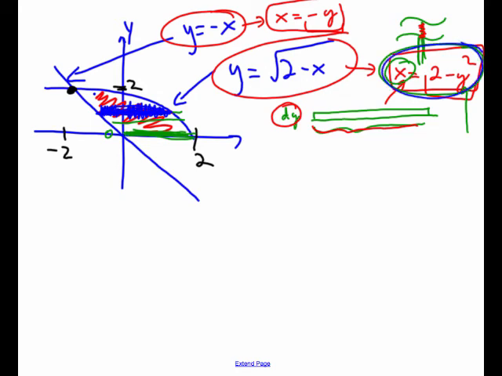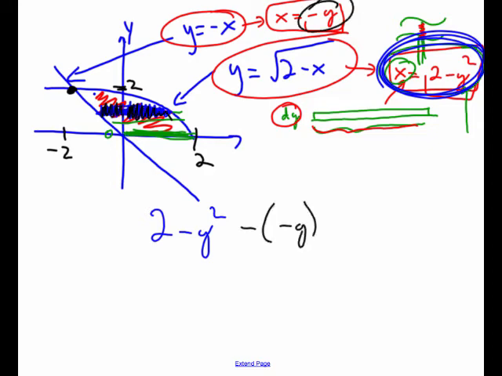So if I take the function furthest to the right, 2 minus y squared, which again represents this distance here, minus negative y, which is this distance here, times the thickness of the rectangles, dy, and I integrate that from y equals 0 to y equals 2, I will get the area. And I should get the same area that I was able to get when I did the rectangles running vertically.